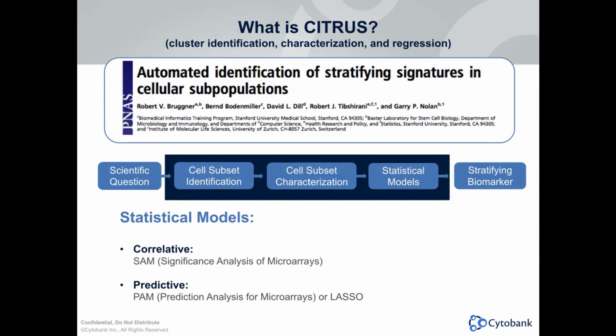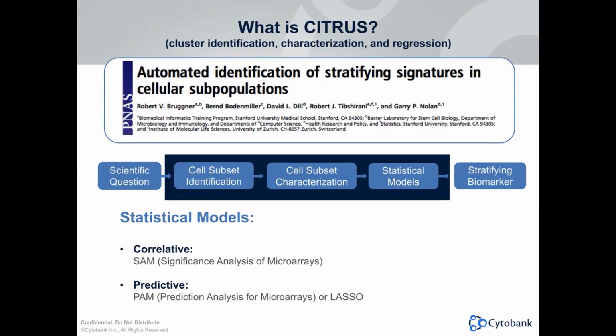Then it goes to characterization of those clusters by either abundance of subsets or median expression of markers, like activation markers or phosphoprotein markers. And then statistical models are used to identify the stratifying biomarkers that can be used to tell the differences between groups.